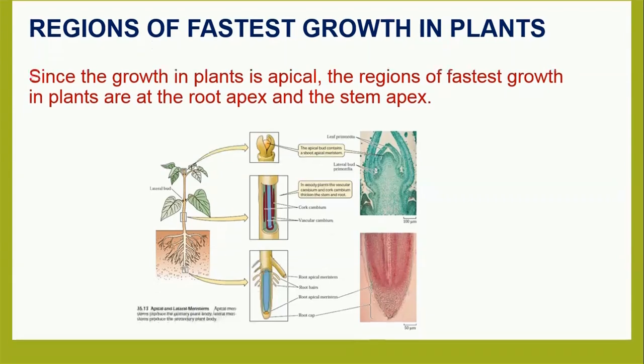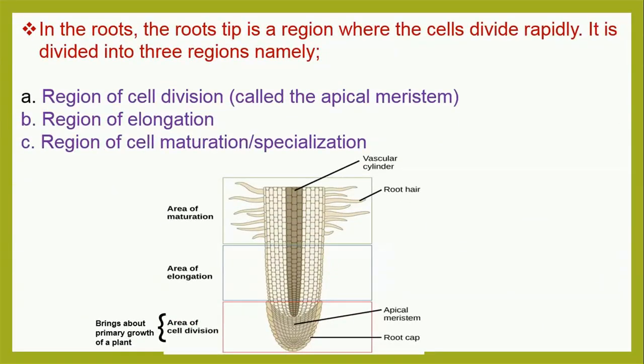Okay, so in the roots, the stem tip is a region where the cells divide rapidly. So it is divided into 3 regions, namely A, a region of cell division. This is called the apical meristem. It has a lot of meristematic cells, and these cells can divide very fast.